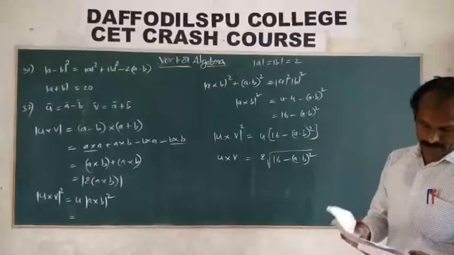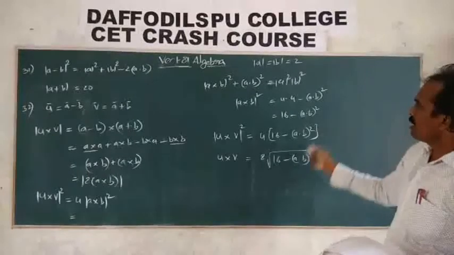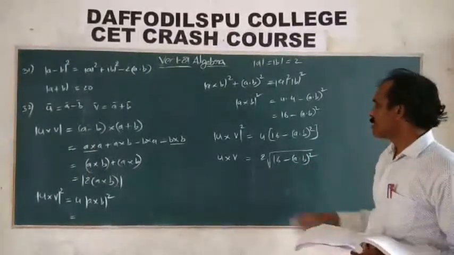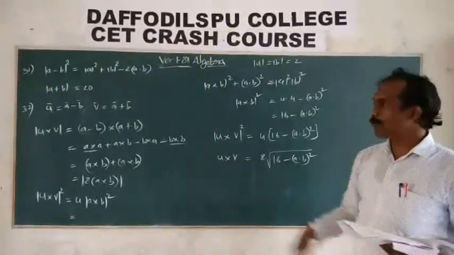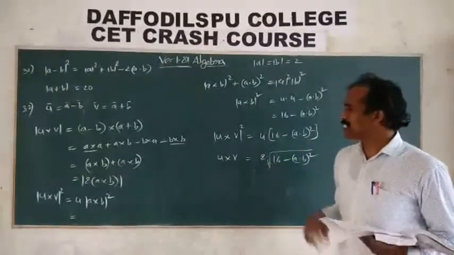Next, 33. Remember, this is like a formula also. In terms of u cross b, sometimes they ask p cross q, p vector, q vector. This value changes.